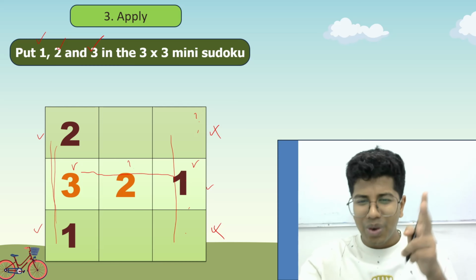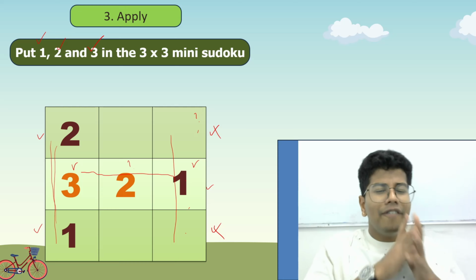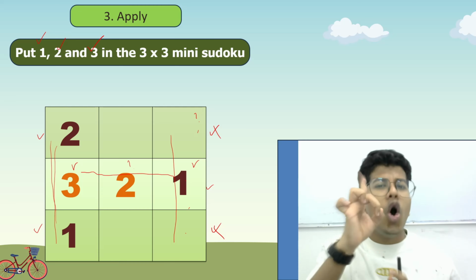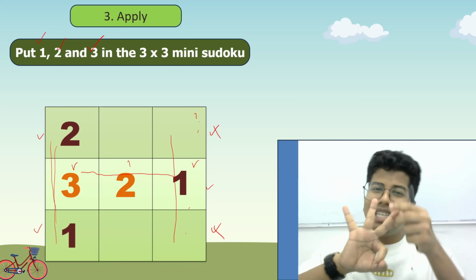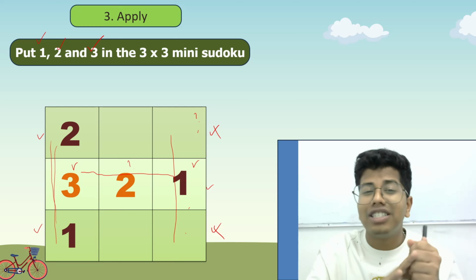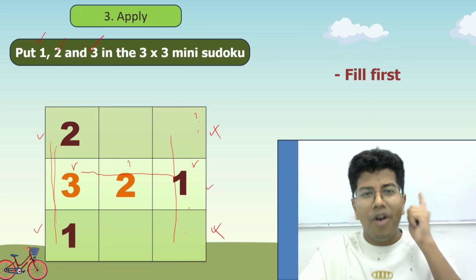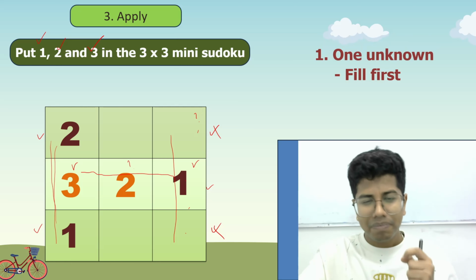Just 2. So here, the first thing that we can remember is, whenever there is one unknown, we can fill this one unknown first. Out of 3, let's say 2 is known, 1 is not known. I can fill this one first.